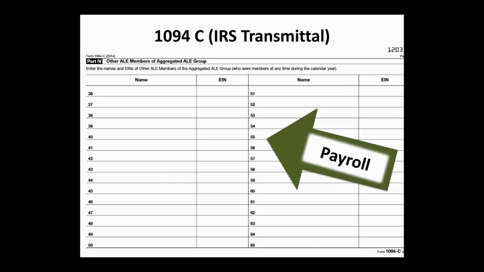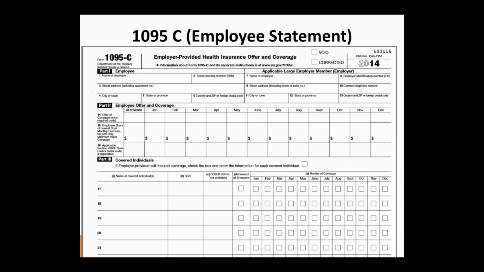Total employee count for ALE member. This includes employees that are receiving a paycheck and those that are not, that are considered a total employee, not full-time. You're going to put part-time numbers, everything's included in this. So even if you have an employee out, and this is my main point, on FMLA, my same example, and they're unpaid, that employee may not show as a number in your payroll for that month.